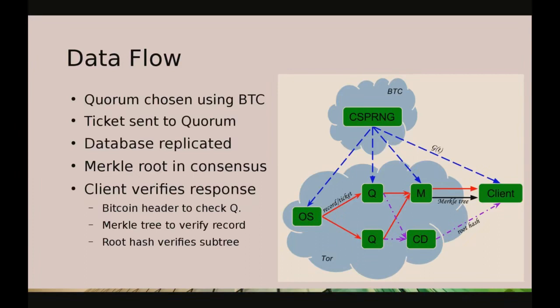We then use that to generate a quorum, and the tickets are then sent to the quorum, and it's replicated across all mirrors. The quorum then publishes the Merkle tree root in their router consensus, and then the client can verify the responses by gathering all this information and confirming that everything is valid.